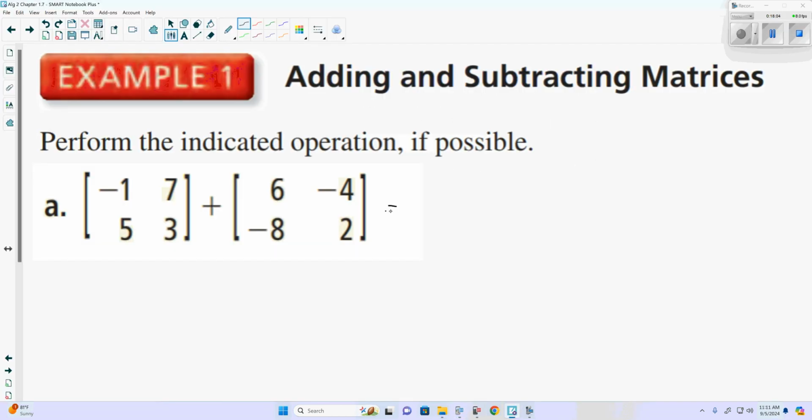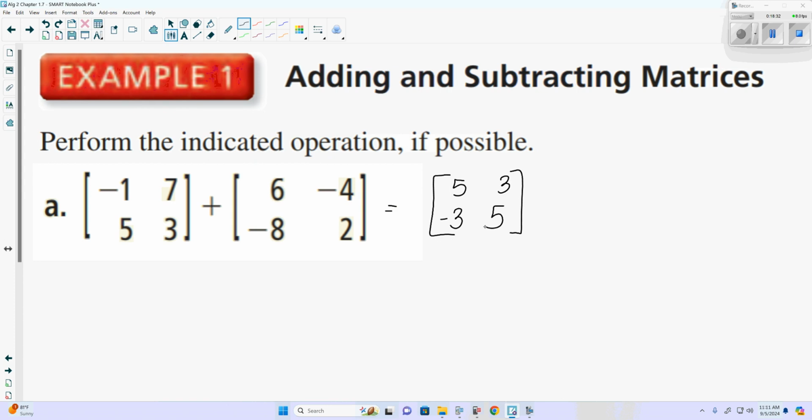But especially with addition and subtraction, we can do negative 1 plus 6 is 5. 7 plus negative 4 is 3. 5 plus negative 8, 5 minus 8 is negative 3, and 3 plus 2 is 5. With addition and subtraction, especially these, we could do it by hand as fast, if not a little faster, than we could type it in.